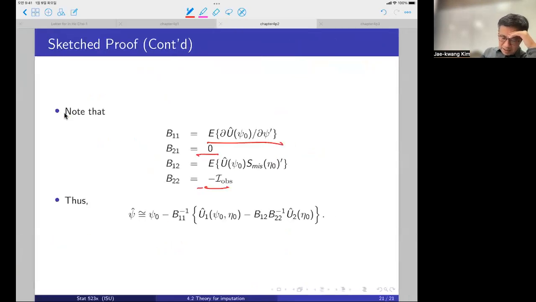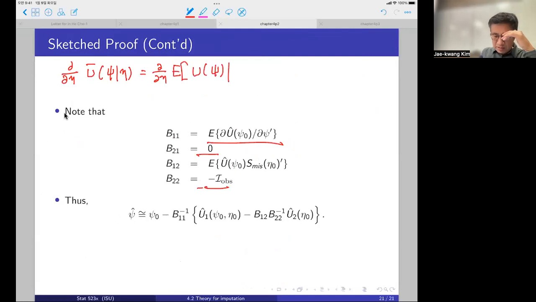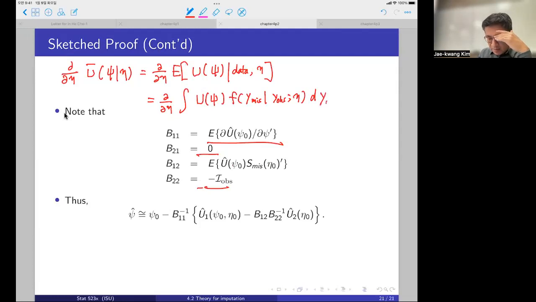So we are interested in computing the expectation of U bar(psi, eta), that is, U psi given data and eta, times f(y_miss given y_obs, eta) dy_miss, something like that.